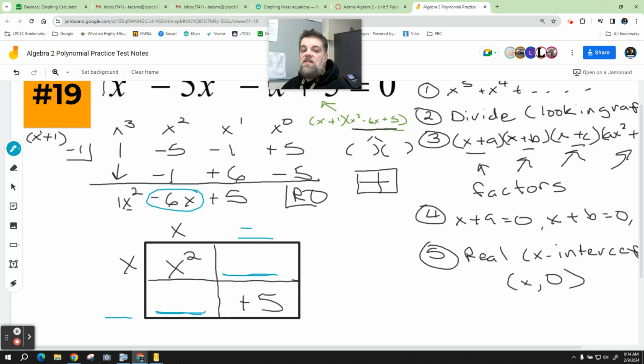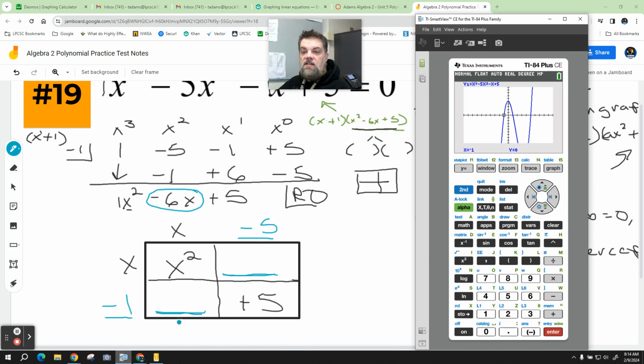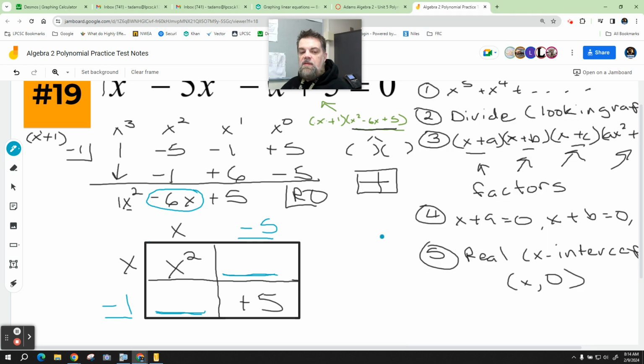What about this? Can I say negative 5 times negative 1? Yeah, if I multiply that out, it gives me a positive 5, right? By the way, if you look at the graph, where does it cross? Crosses at positive 1 and positive 5. So there's your little clue, too. But anyways, what is negative 5 times x?